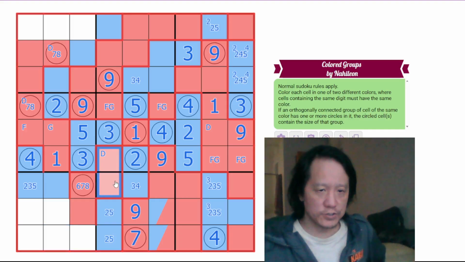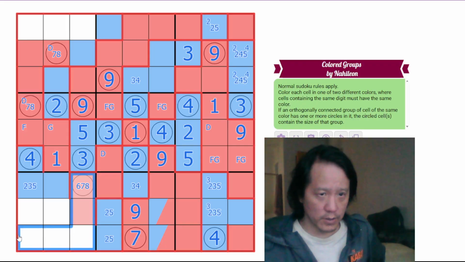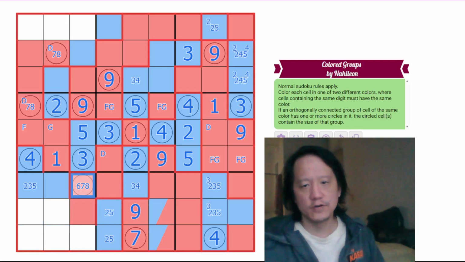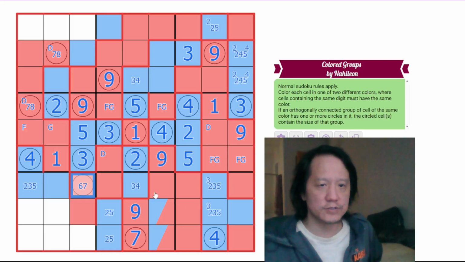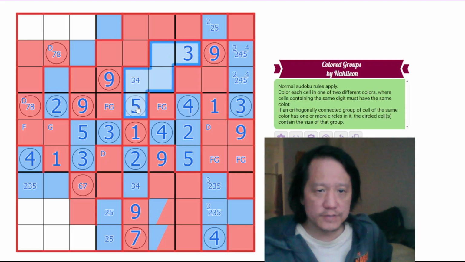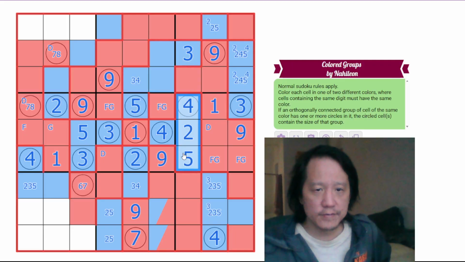So we have 1, 2. And it cannot be 8 because we have 5 reds at most in box 7 and this is blocked off. So this cannot be 8, it's 6 or 7. This is 5.